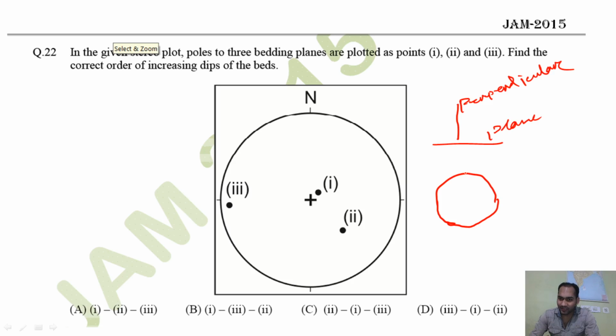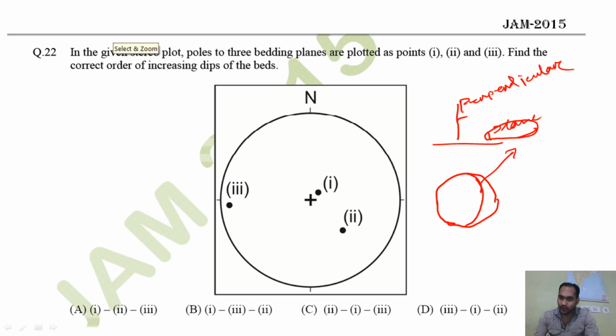So let it be a stereo net. Here it is the plane, right? When we plot a plane, the attitude of the plane is given, then we have to plot it. So this will be a great circle.